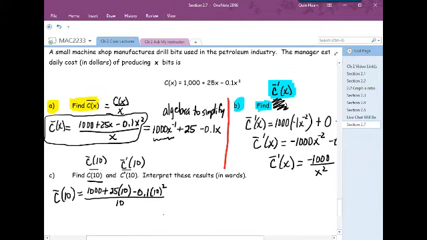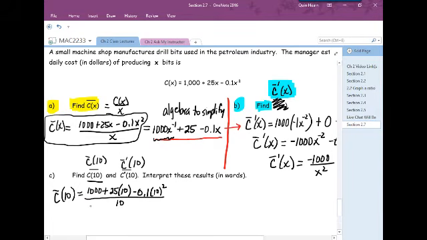But we were asked for both. So to find C bar of x, we just divided by x. But to find C bar prime, we have to simplify that algebraically first and then take the derivative. Okay, great.